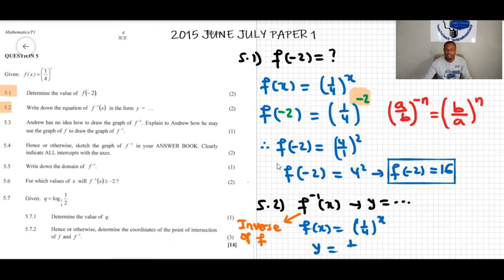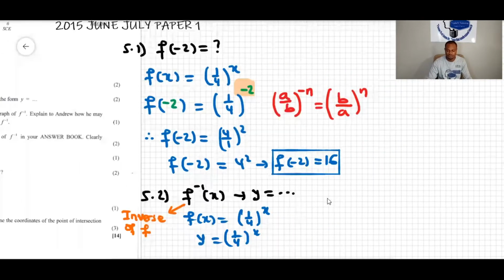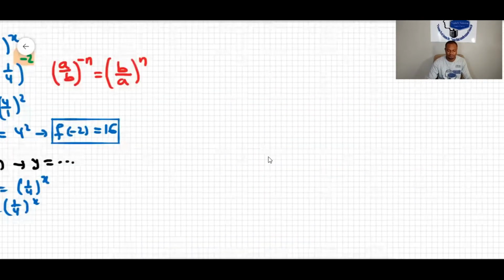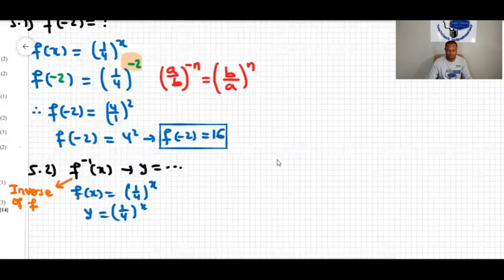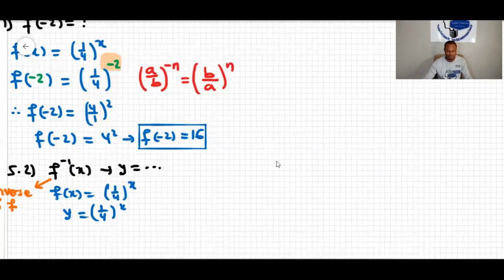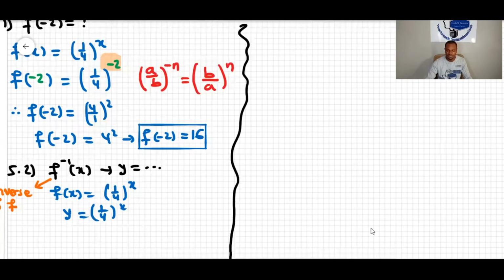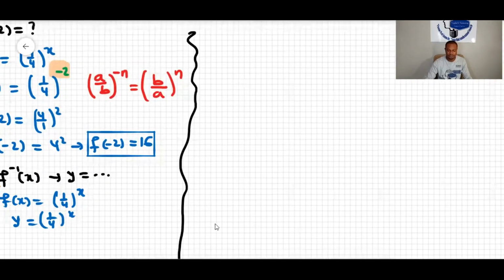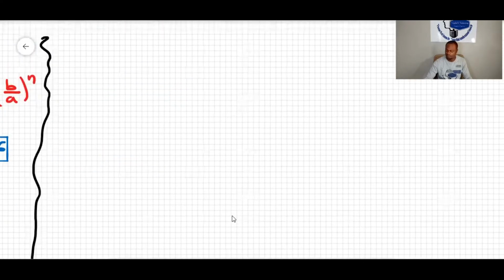So we're going to write y equal to a quarter to the power of x, okay?